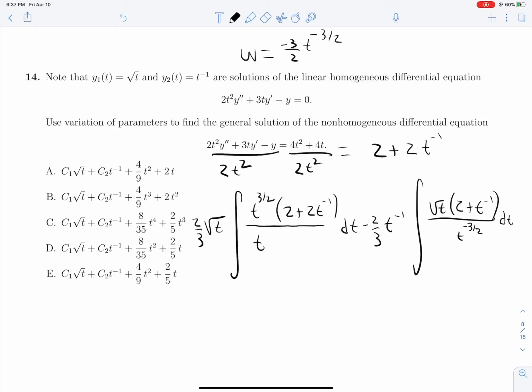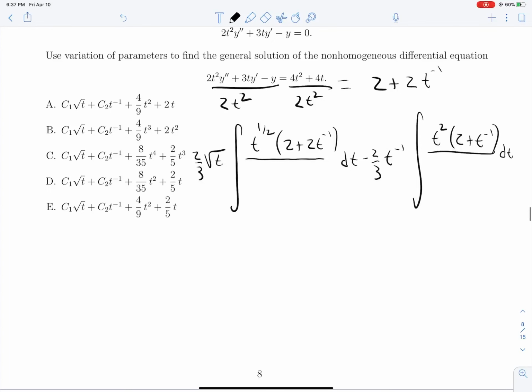And then we'll see that this t will just get subtracted and we'll have t to the 1/2 up there. Similarly over here, we will get t to the 3 halves, which will combine with our root t, and we'll be left with t squared.